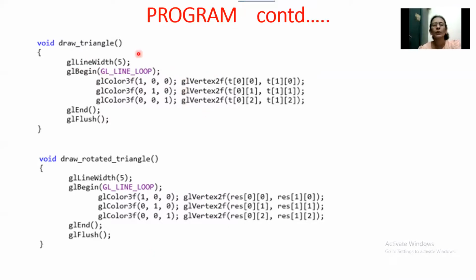Now for each of the vertices, we are giving a different color. So the line will be drawn. This first point is red color, this is green color, and this is blue color. So the line that you draw will have a graded color.